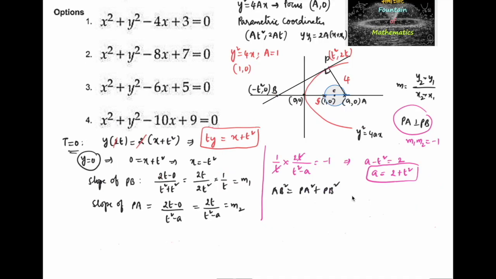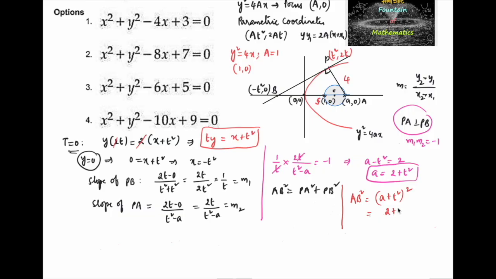Here AB square is equal to, so we can write the distance between the 2 points a comma 0 and t square minus t square comma 0, the square. We can write it as a plus t square whole square, and a value is nothing but 2 plus t square.